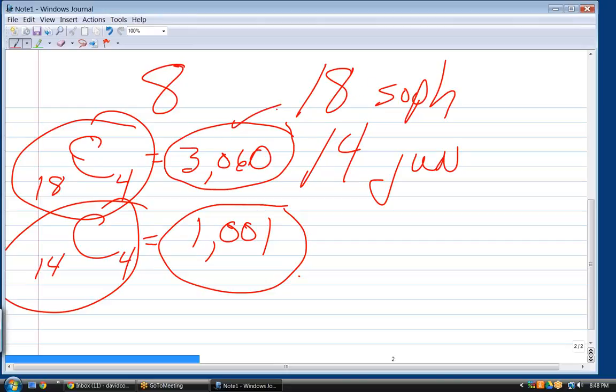And for every single one of those 3,060 ways, we have 1,001 ways to pull 4 juniors out. So it's clearly multiplication. Multiply those two numbers, you have your answer. So the answer, you could say, would be 18 choose 4 times 14 choose 4. And logically, it makes complete sense to do it that way.